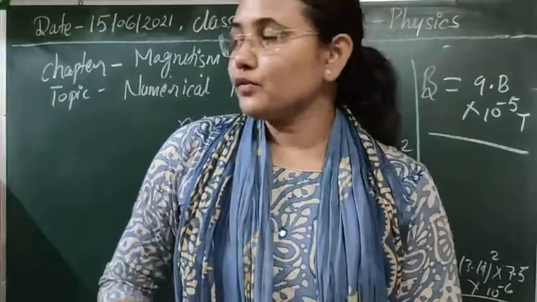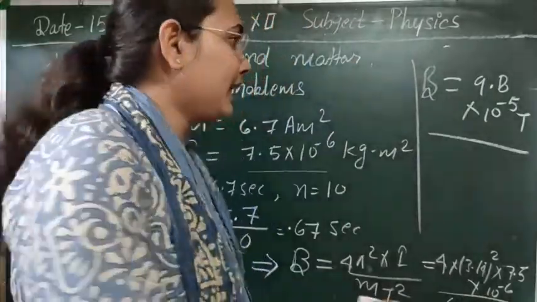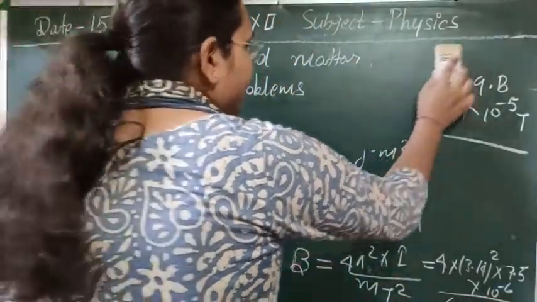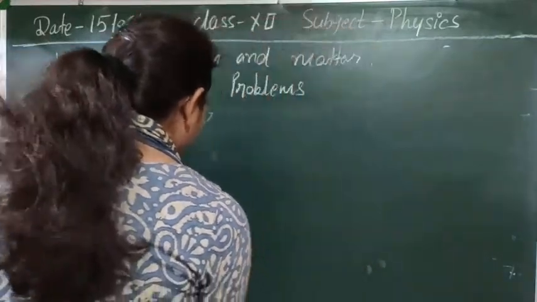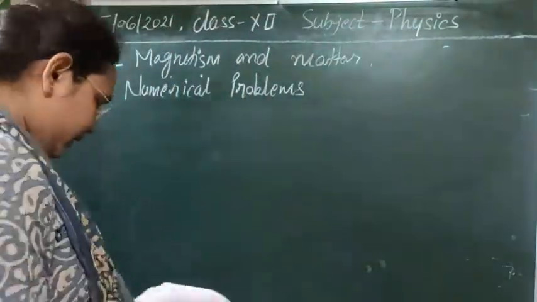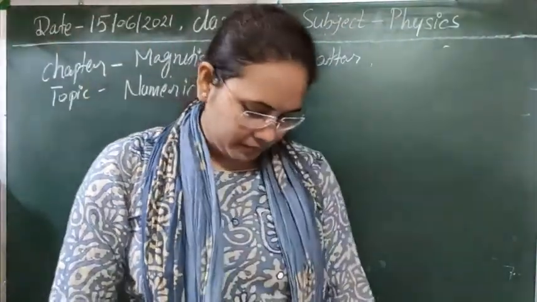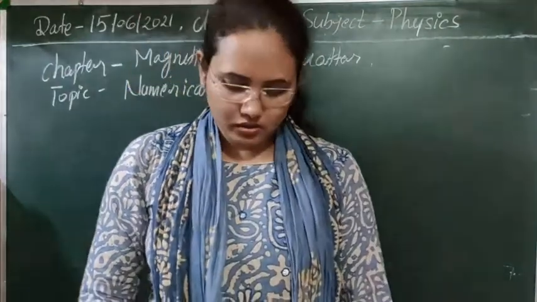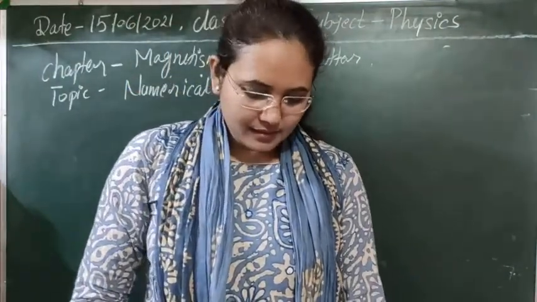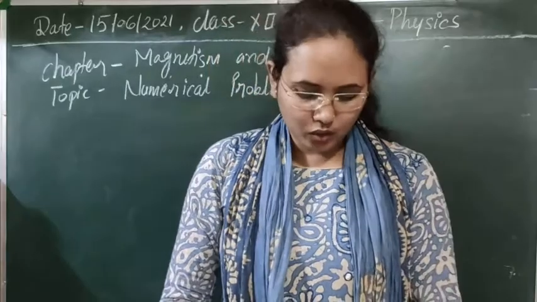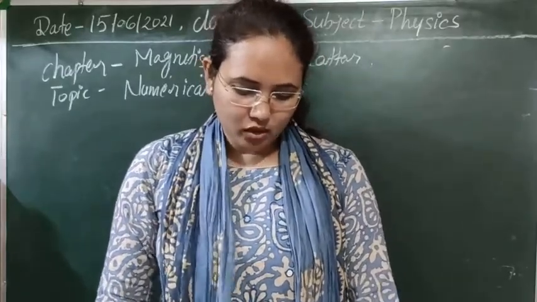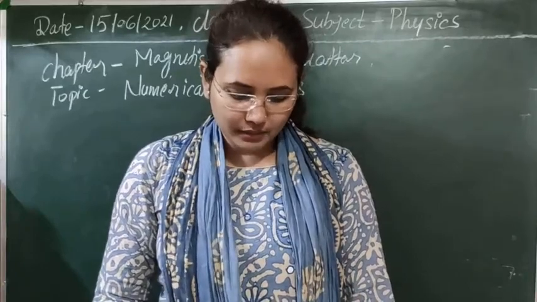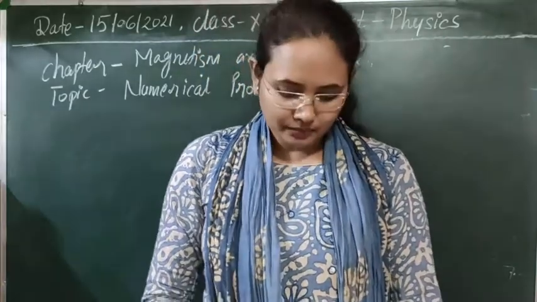So students, the next numerical problem that we have is related to the bar magnet that we have discussed already in the chapter. The question is: a short bar magnet placed in a horizontal plane has its axis aligned along the magnetic north-south direction. Null points are found on the axis of the magnet at 14 centimeter from the center of the magnet.